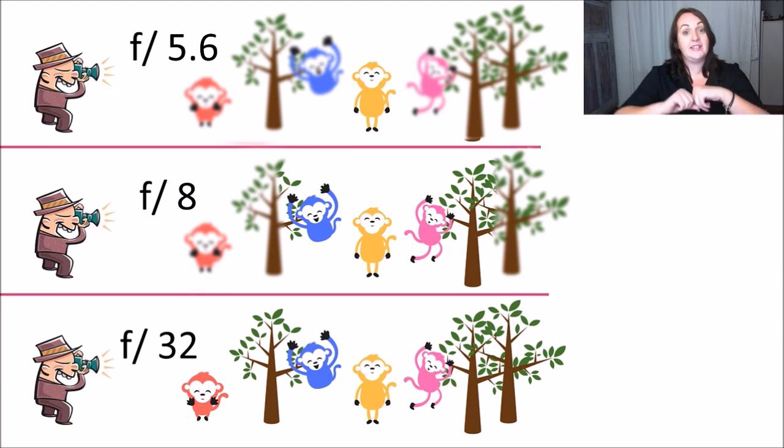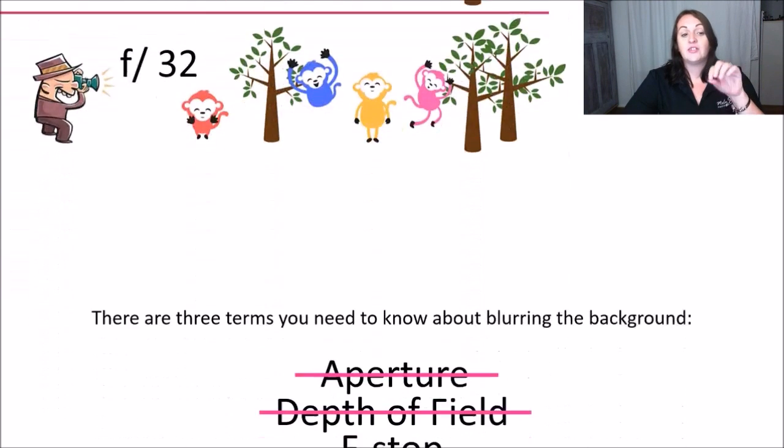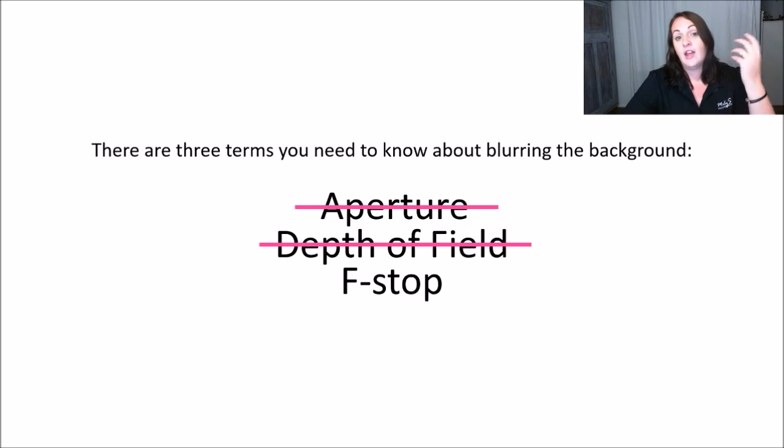And if we increase it even more, say f-stop 32, depending on your lens as to how far you can go with these numbers, everything will be in focus. So your f-stop is just how you tell the camera how much of it is to be in focus.